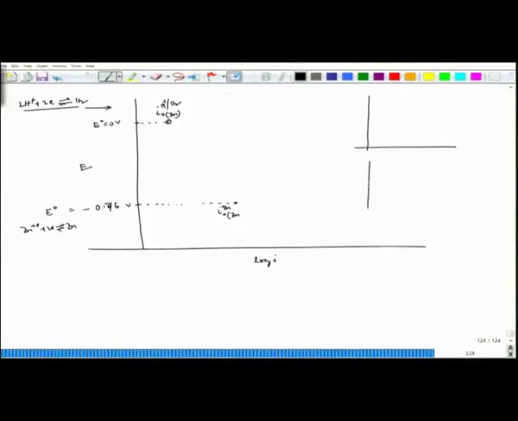Now, for both the cases, hydrogen and zinc, let us draw: this is for hydrogen, this is for zinc. If I try to see overvoltage as a function of log I, this is, let us say, 0.